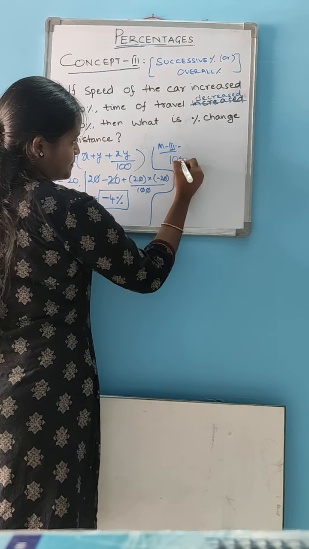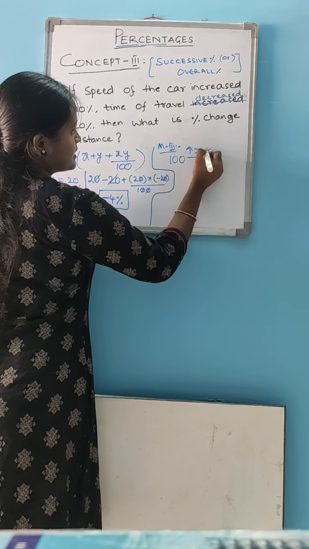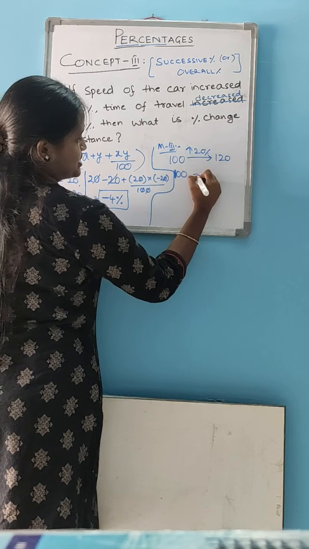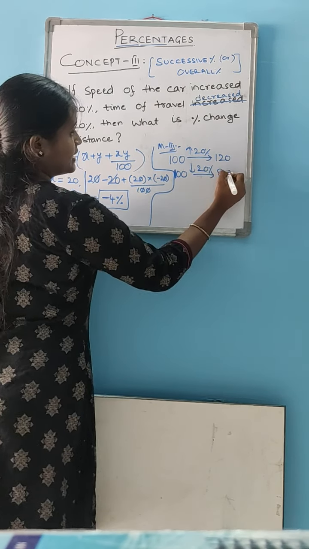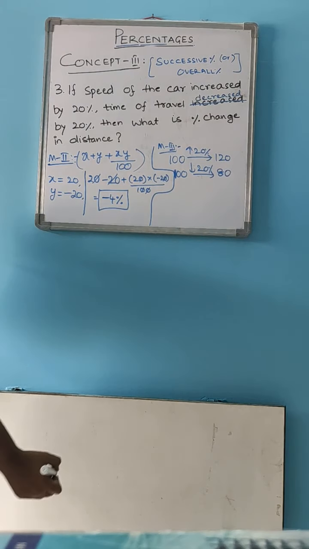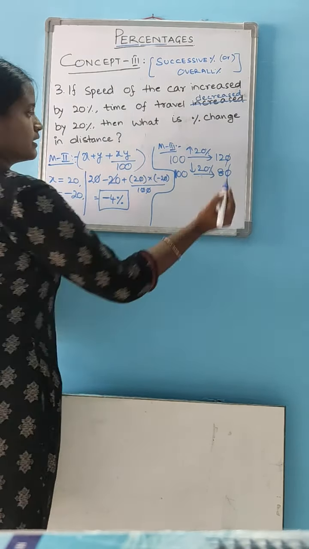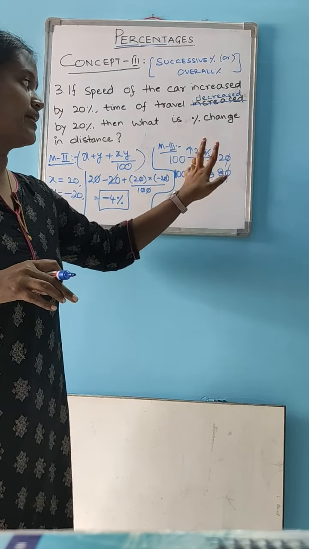The initial value of the speed is 100. If the speed is increased by 20%, then it is 120. And time is also 100 initially. If it is reduced by 20%, it is 80. Here remember carefully, in the third method you have to cancel only zeros, not the entire value.